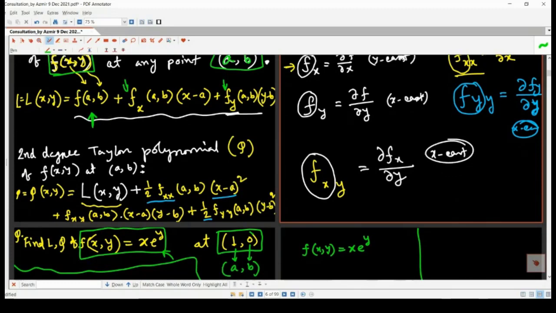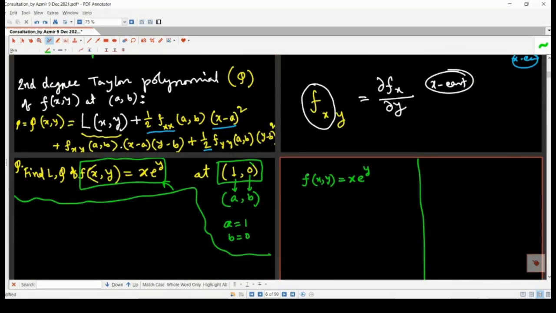So have a look at the letter f. Here we have f. That means from this part we can find f of a comma b. So what is a and b? A is 1, b is 0. That means we have to find f of 1 comma 0.